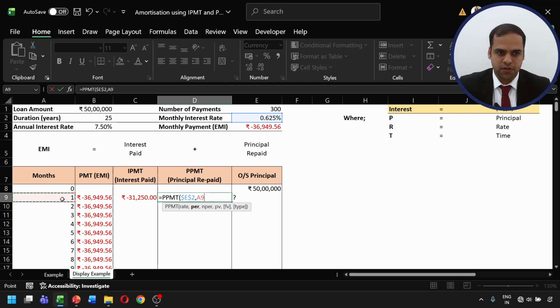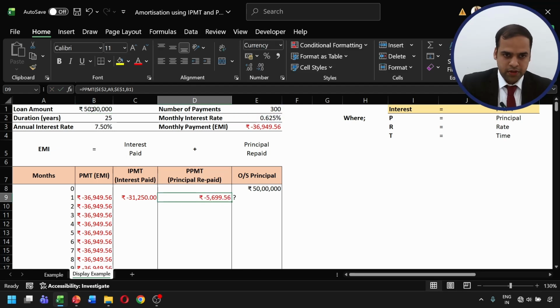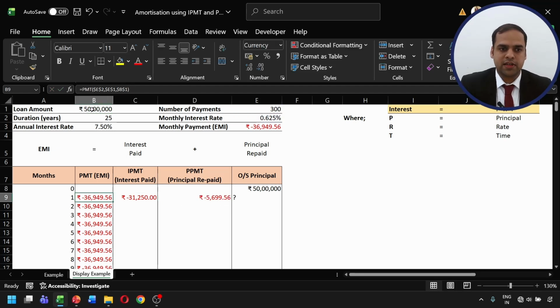Period is first month, and number of periods is 300 months, and the loan amount is 50 lakh rupees. So we get to know that out of 36,950, this is our interest portion and this is our principal portion.